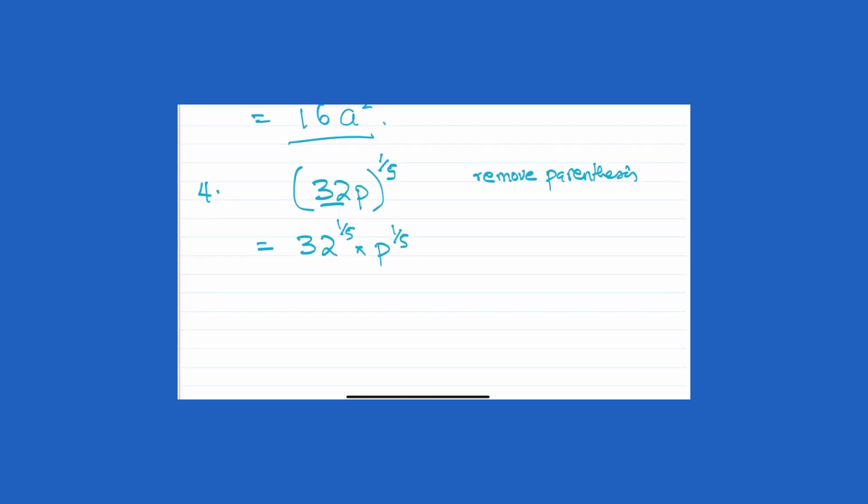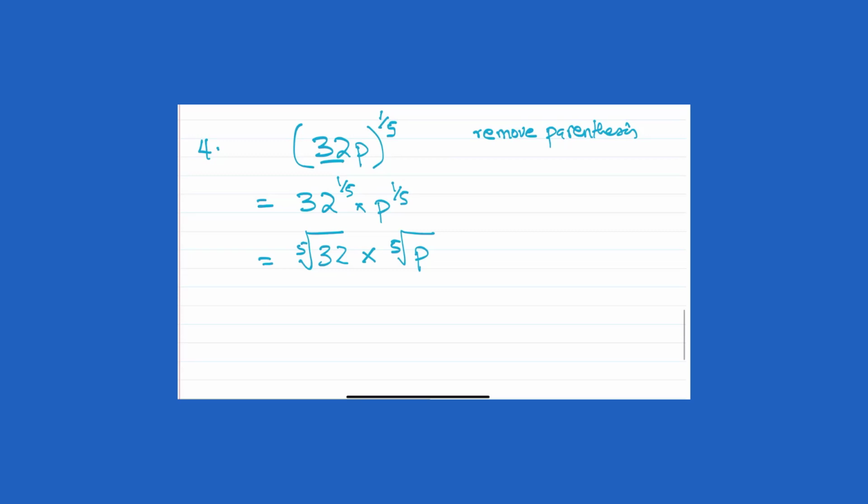So the next step will be to determine the root. So we have 32, and then we have 5 here, and then we have p, and then we have 5 here. For us to solve this, we understand from our understanding of factors that 32 divided by 2 is 16, then 8, then 4, then 2, then 1.